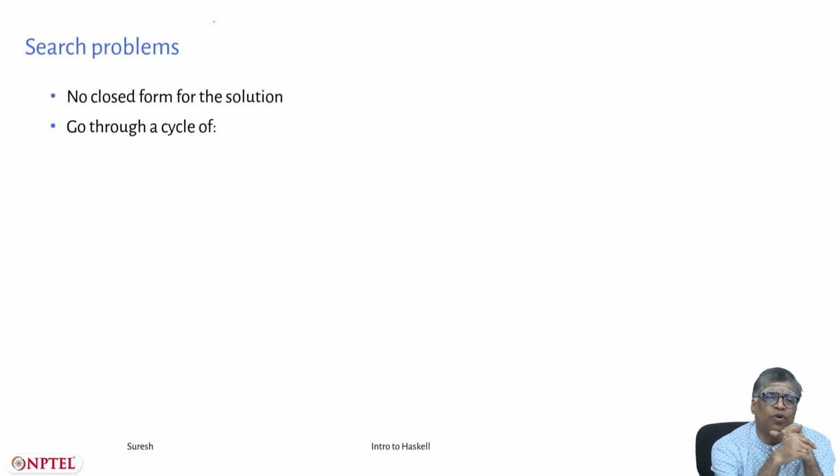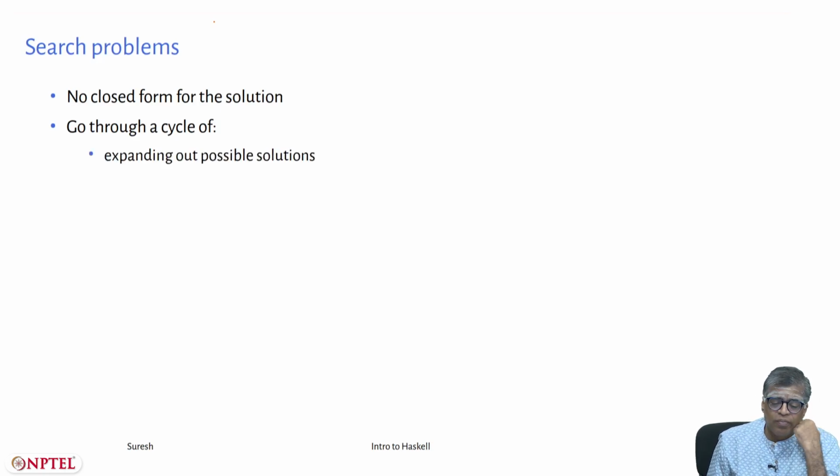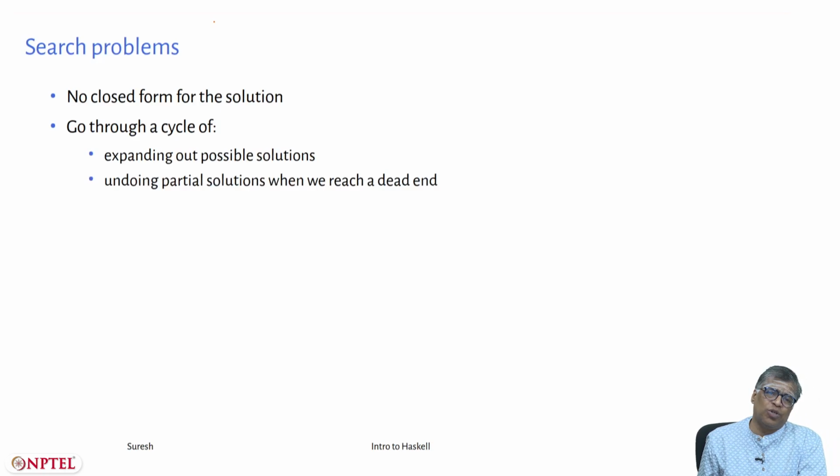So there is no closed form for the solution. You cannot just write connected equals this very tight thing. So you need to really go through a cycle of expanding out possible solutions and undoing partial solutions when you reach a dead end. And this is clearly illustrated in the next problem.